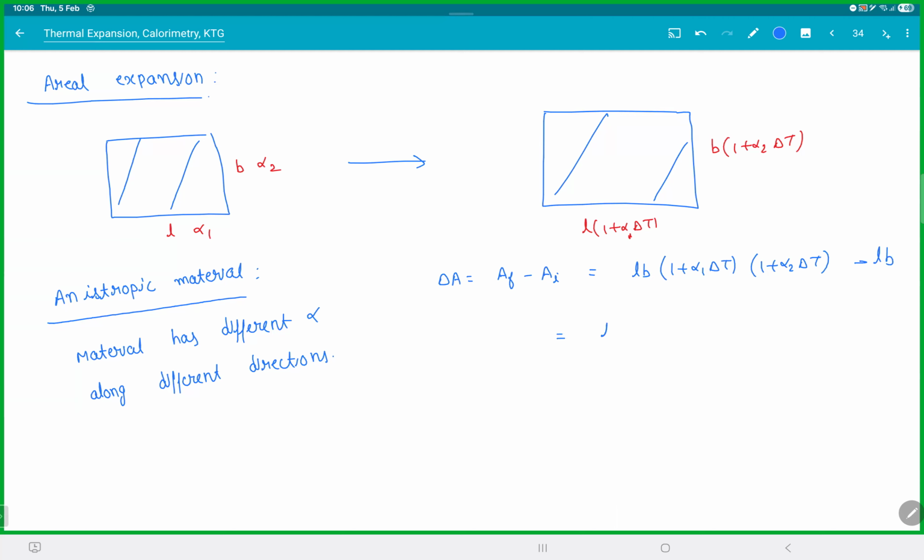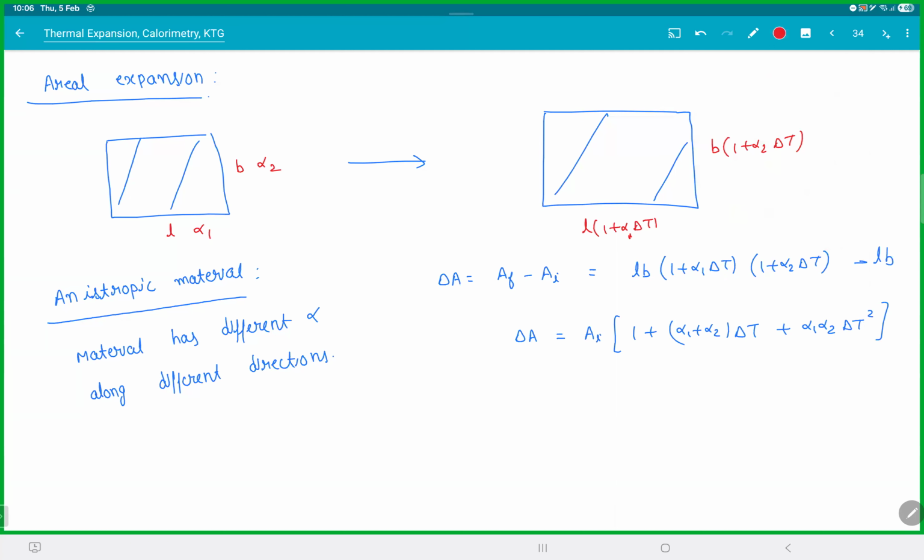LB will cancel. You'll end up with LB, which is your initial area, times 1 plus alpha 1 plus alpha 2 delta T plus alpha 1 alpha 2 delta T square.